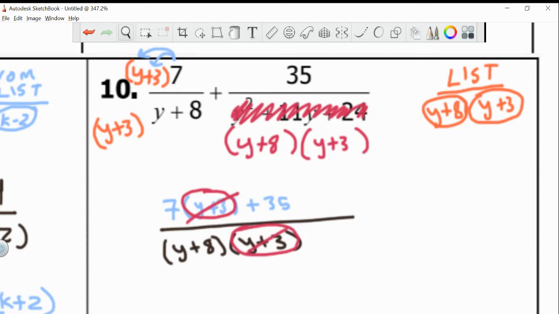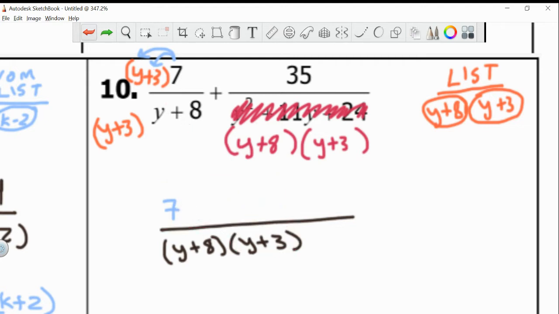That's not true because this plus right here is locking this to this. The 35 is locked together with a plus. It's not the same. Obviously, this one right here is a multiplication bond, but this one is a plus. And so you cannot cross these two things out. I see that mistake happen a lot, okay?